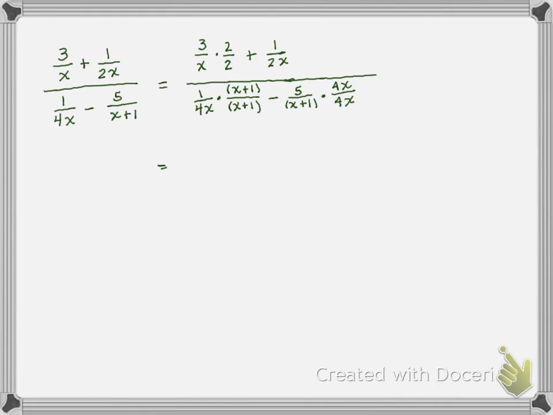So we've got, on the top, 6 plus 1. So that's 7 over 2x, over x plus 1. I can drop those parentheses because the only thing to distribute is a positive 1. There's no negative sign I have to worry about. And then minus 20x over 4x times x plus 1.